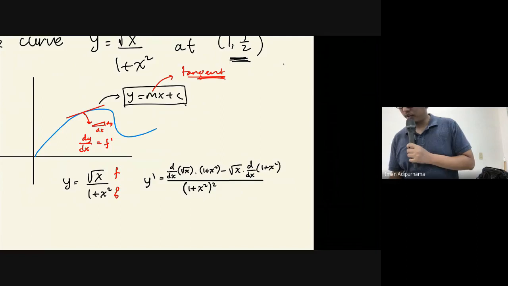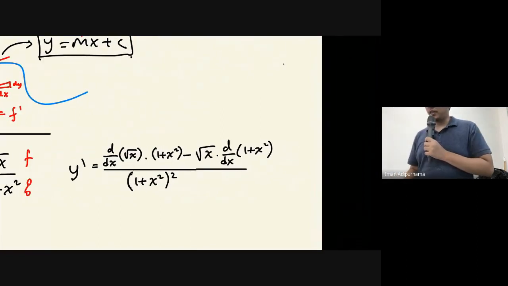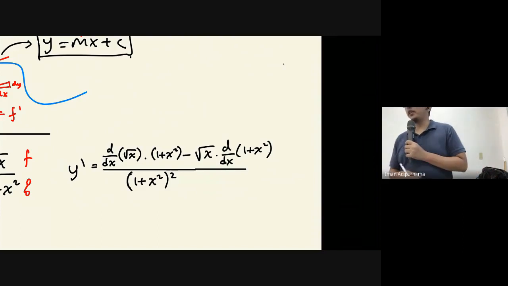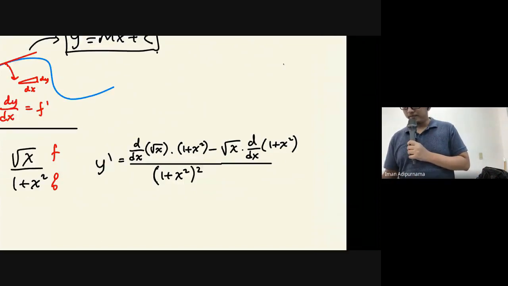If you want to write step by step, you can write the step d over dx, the tool for derivative, but you can also directly just calculate the first derivative if you want. It's also okay.